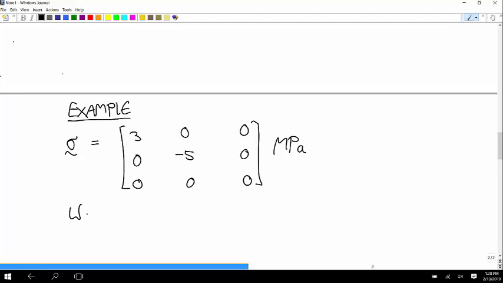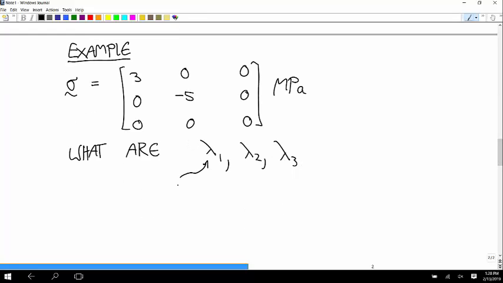And we want to calculate the principal stresses. So we want to calculate lambda 1, lambda 2, and lambda 3. And then each one of these has its own corresponding outward-facing normal, which is going to tell us the orientation of this new principal coordinate system.